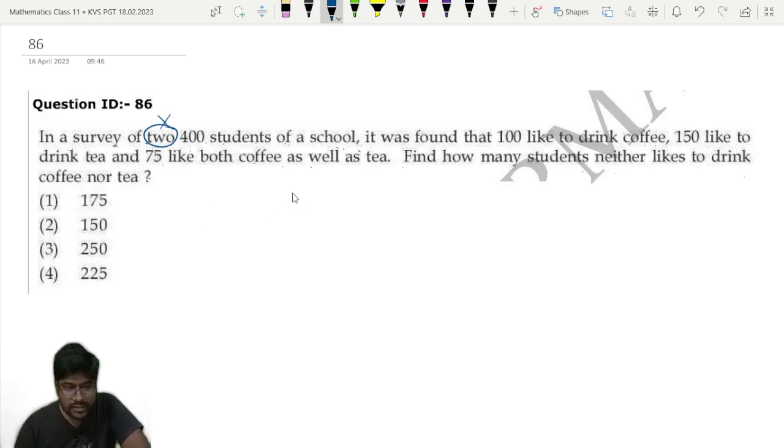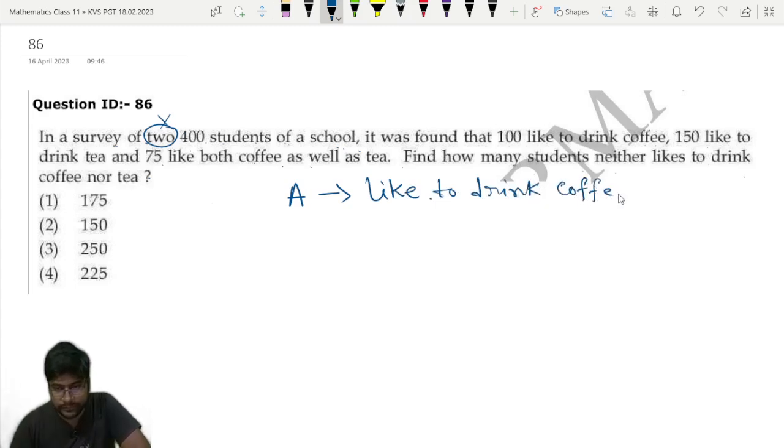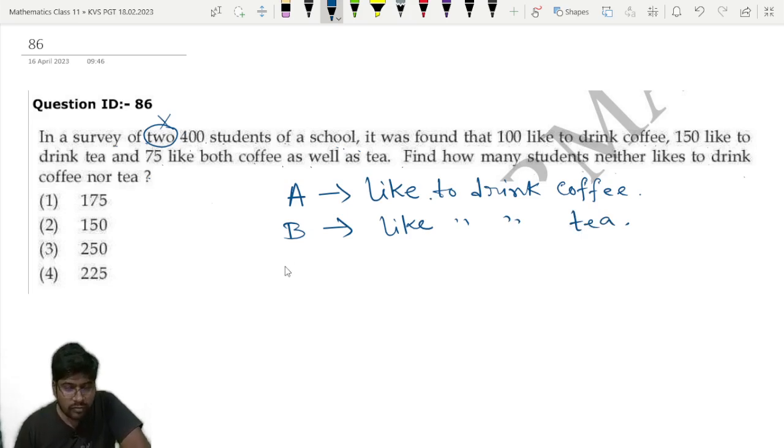So let us assume that A is the set of all students who like to drink coffee, and B is the set of students who like to drink tea. Then according to the question, what information do we have?